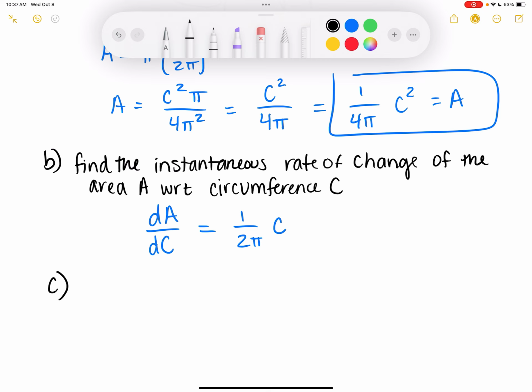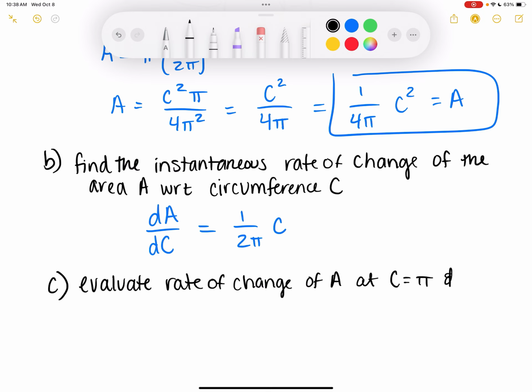So C wants us to evaluate the rate of change of A at C equals pi and C equals 6 pi. So at C equals pi, I'm going to have dA/dC is equal to, just plugging in pi for C, pi over 2 pi.